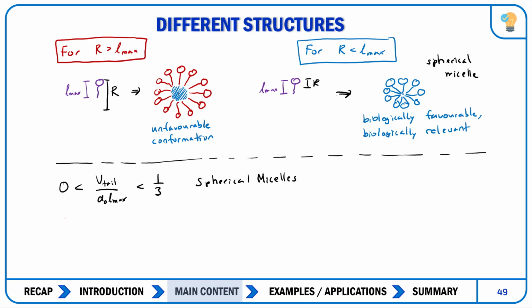If you have a value of V tail over A naught L max between 1/3 and 1/2, you get what's called a cylindrical micelle. And essentially what's happening here is you have more of an oblong shape where the micelles are going to be more like stacked on top of each other.